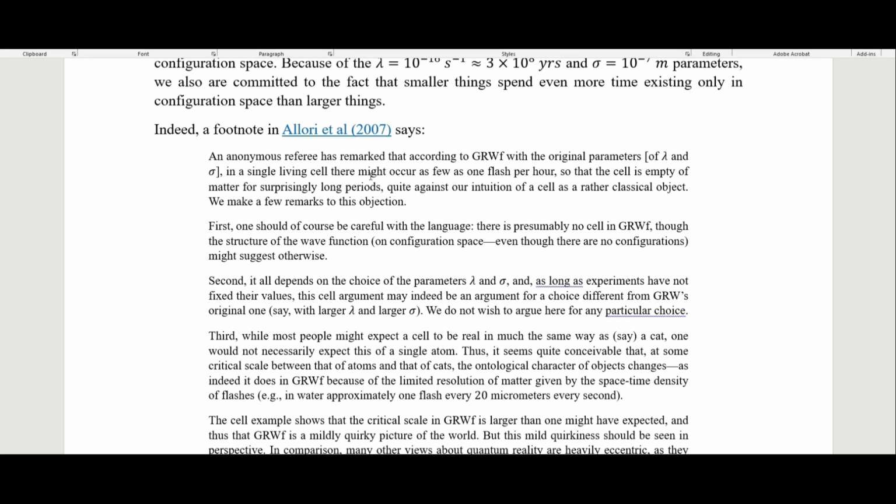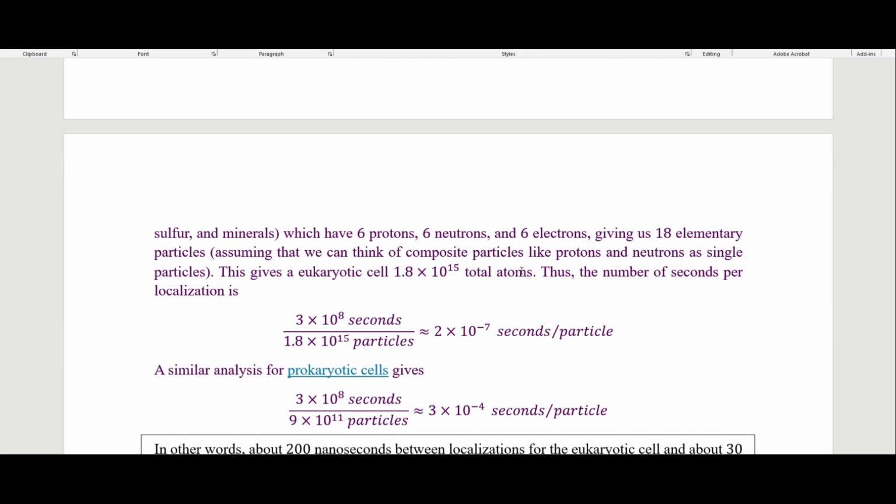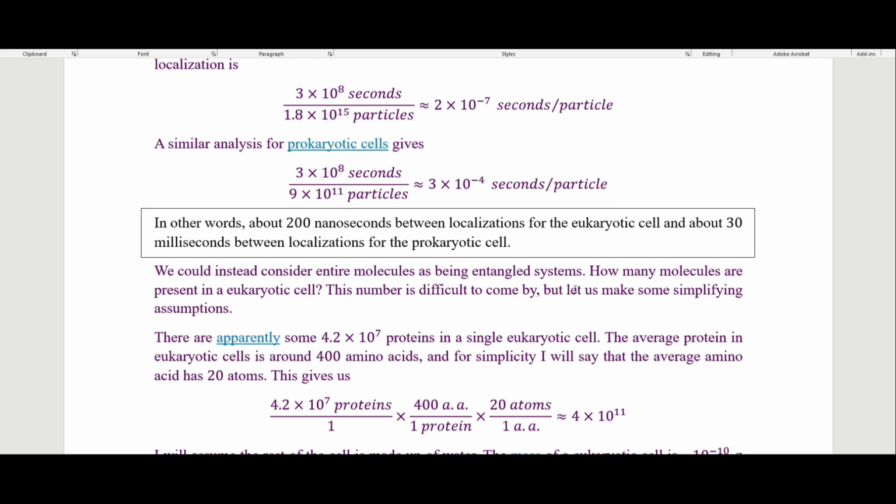They say in this footnote that the anonymous referee said that in a single living cell there might occur as few as one flash per hour. That actually got me curious about where that number might have come from, so I ran some rough calculations here. I have them in purple. I'm not going to go through the calculations in detail; I'll skip to the punchlines.